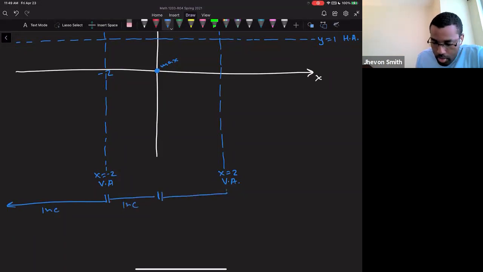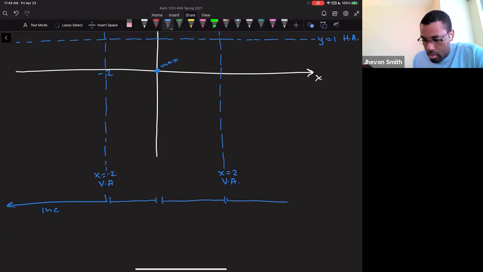Then we're decreasing from 0 to 2. And then we're decreasing from 2 to infinity. Okay, so that's increasing, decreasing, decreasing.